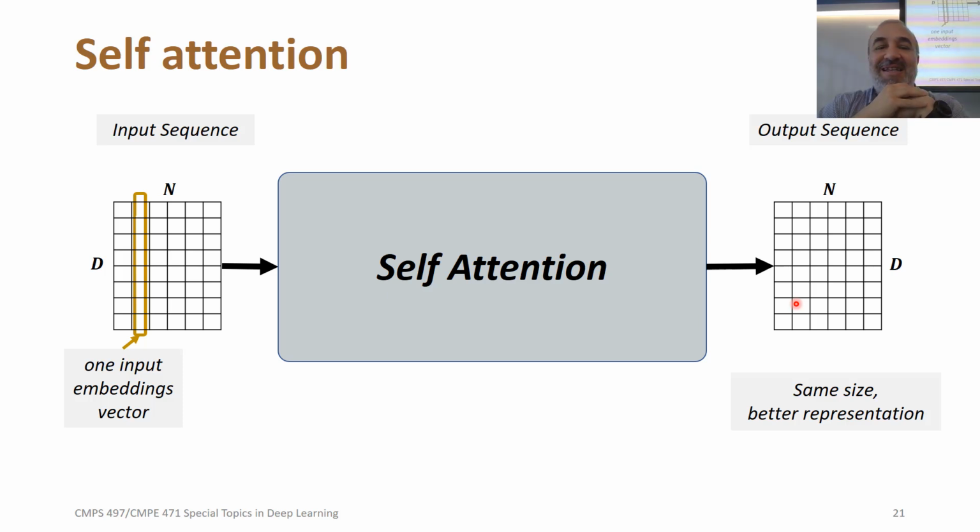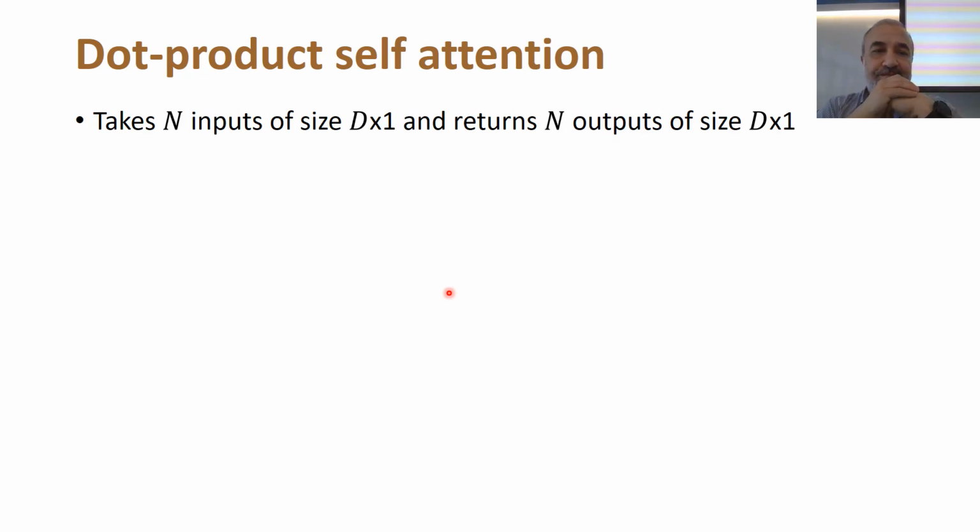Okay? Right. Now I think we should dig deeper into self-attention. Again, it takes n inputs of size d by 1 and returns n outputs of size d by 1. Now you will see that we will take self-attention over different levels of detail.